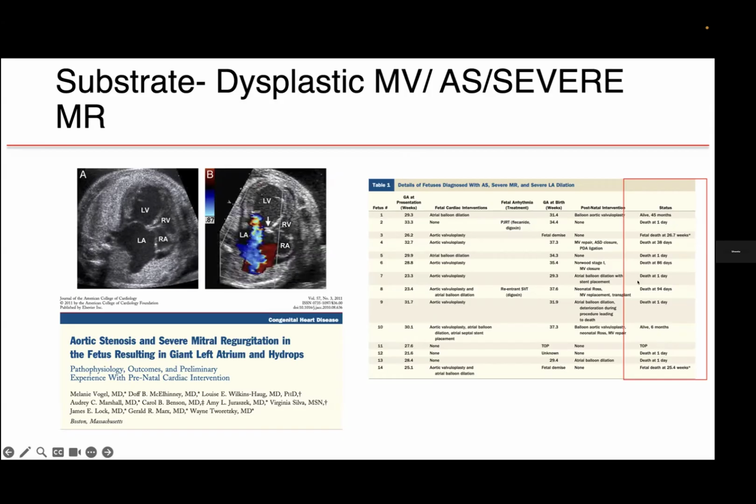So 60 to 80% of them have a chance of either fetal IUD, intrauterine death, or after delivery, neonatal death.